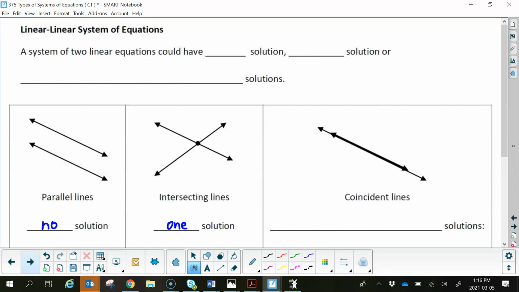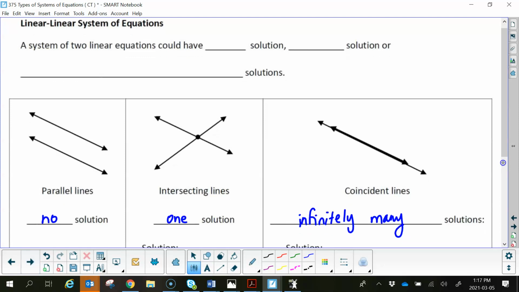Then coincident lines. I actually sometimes call them parallel and coincident lines. They are exactly the same equation. Maybe one is not expressed in lowest terms. In this case, they have infinitely many solutions, and you would just write out one of the equations of the line. They'd be scalar multiples of each other.